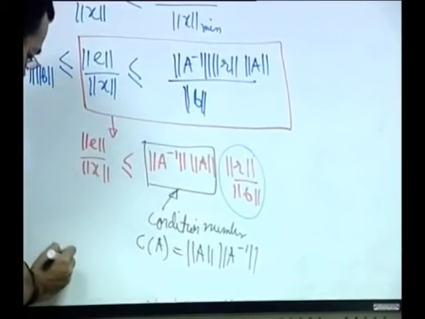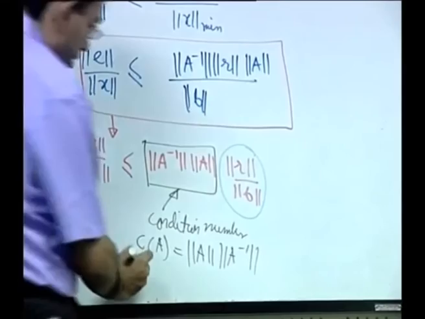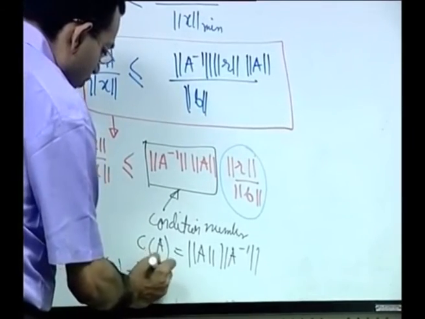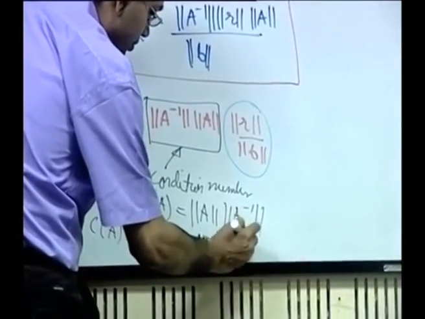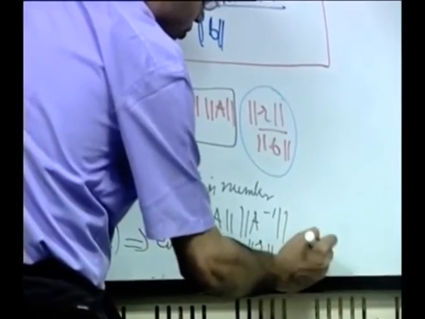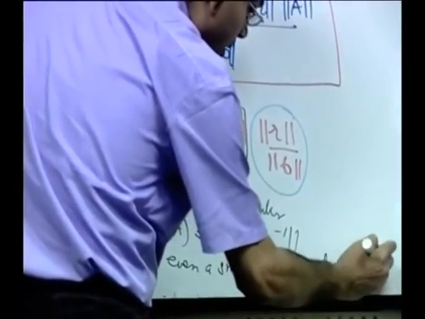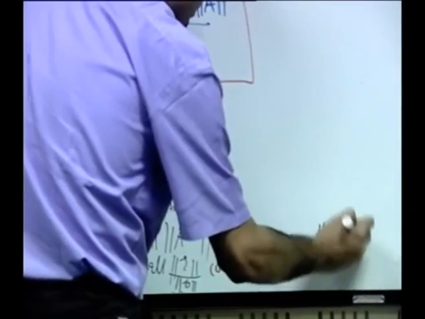A large condition number means even a small norm of r by norm of b can lead to a large norm of e by norm of x.